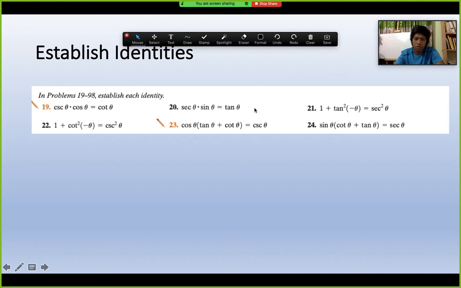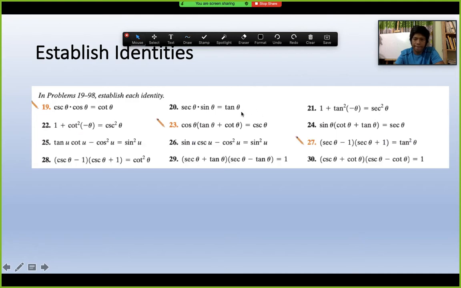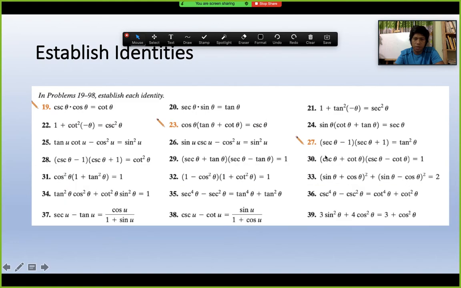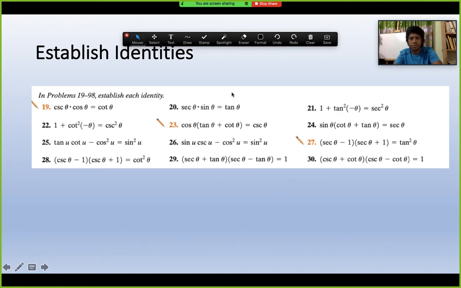So let's try to solve another math. Let's try to solve number 30 here.